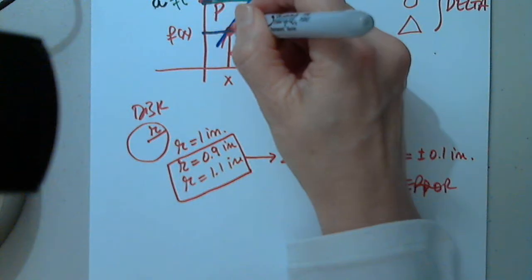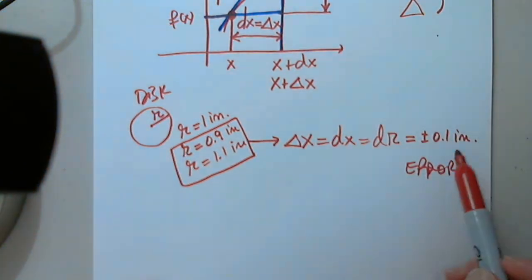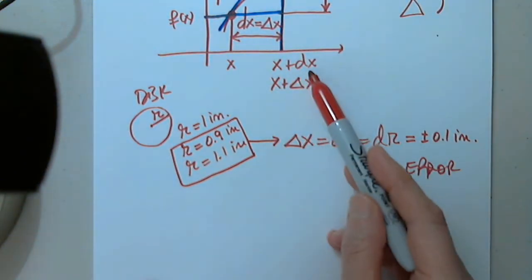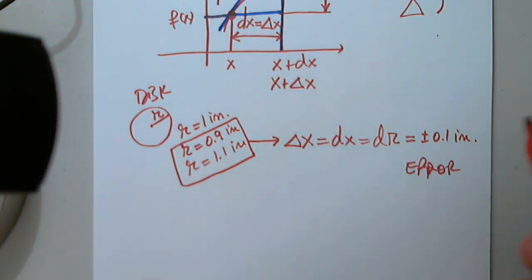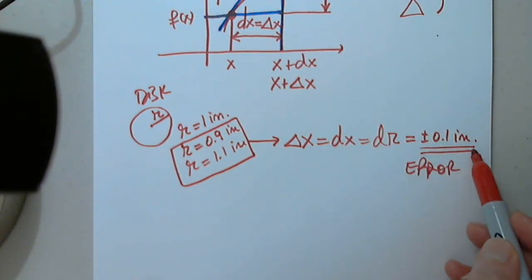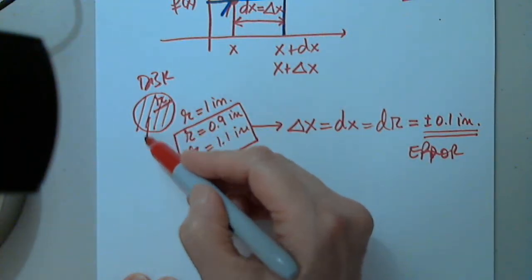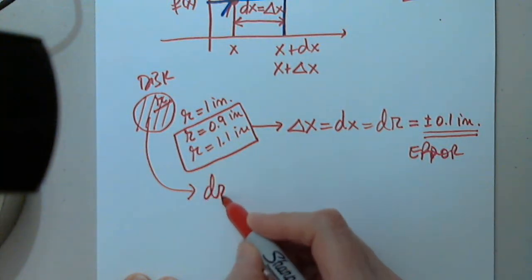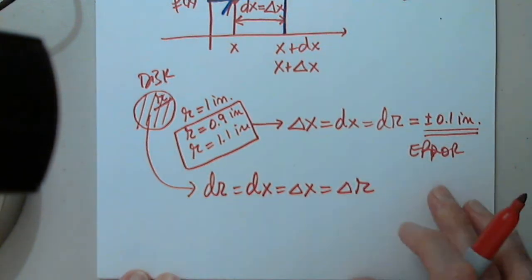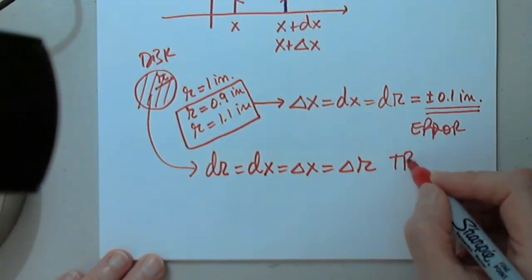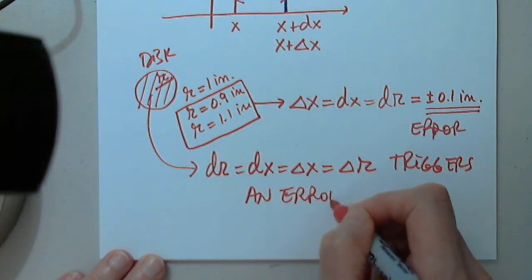So I said Q is very close. I had to zoom in so I can explain what I'm doing. But Q is very close, which means my error, tiny error, dx or delta x, or if you want to talk in terms of dr, same thing, it's a minor error. But the problem is that this error will create an error in the area. So dr, or dx, or delta x, or delta r, doesn't matter, triggers an error in the function.